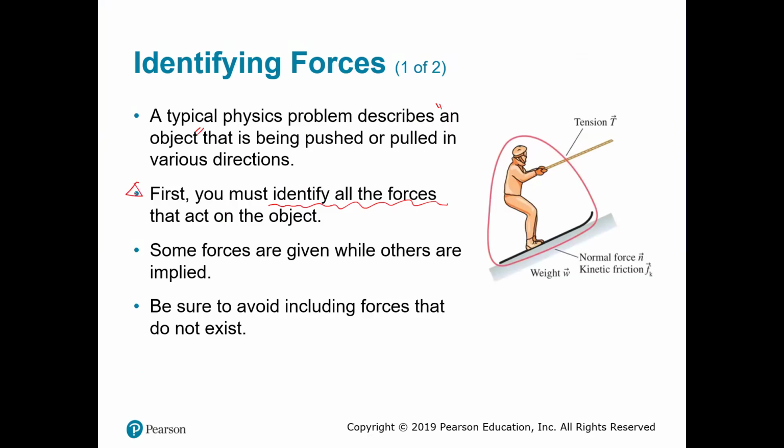This first step is very important. Some forces are given while some are hidden. So you have to find out all forces and make sure to avoid including forces that do not exist. So you always have to include the forces that are there.